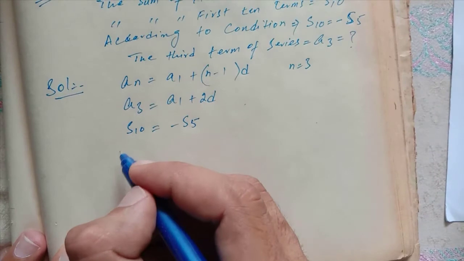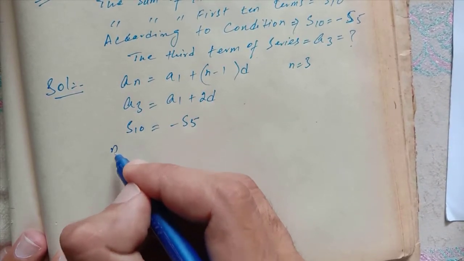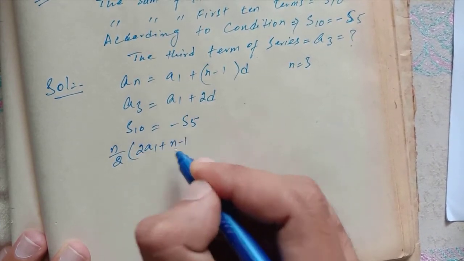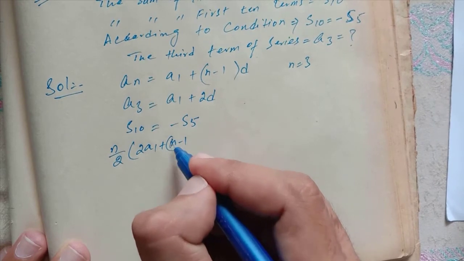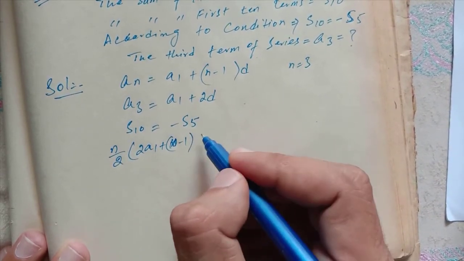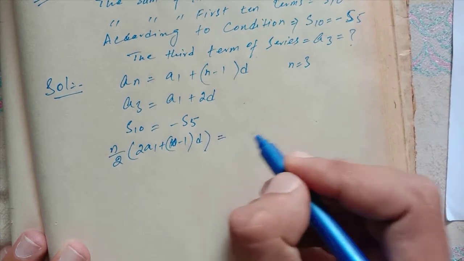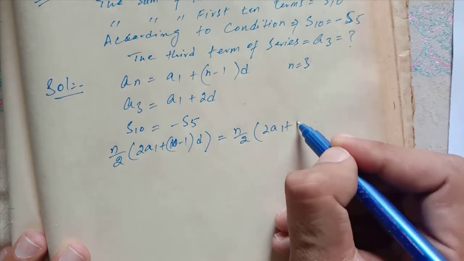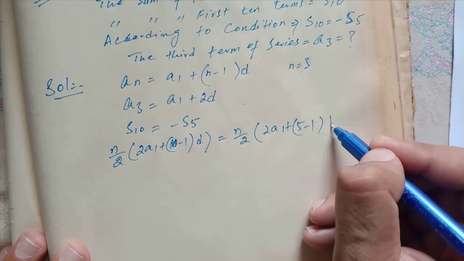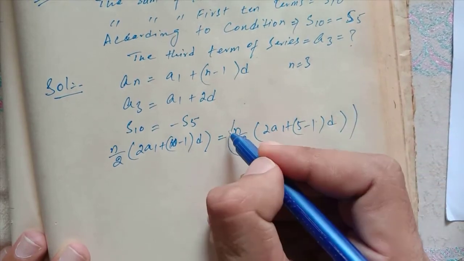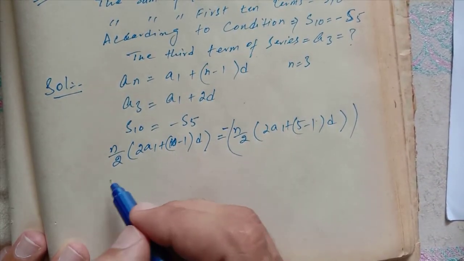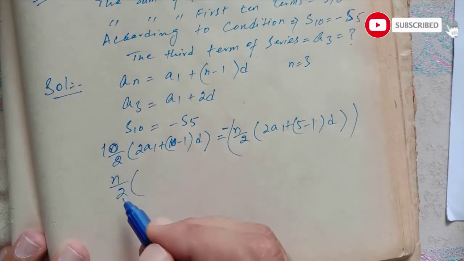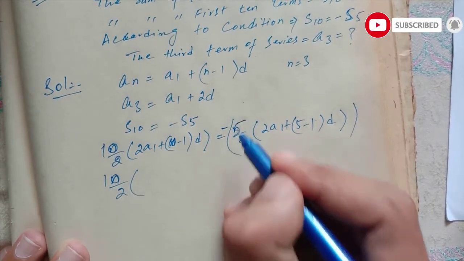Now S10 equal to N by 2, 2A1 plus N minus 1, this is 10 minus 1 into D, and this equal to minus N by 2, 2A1 plus 5 minus 1 into D. Now N divided by 2, N is 10 and this is 5.